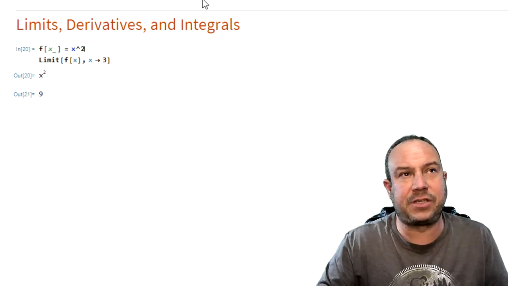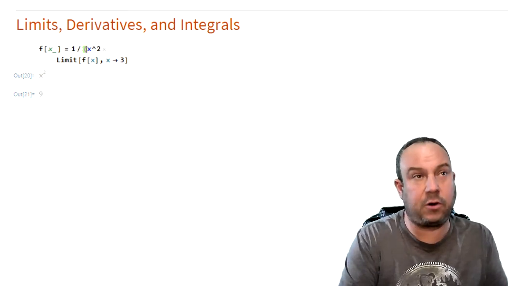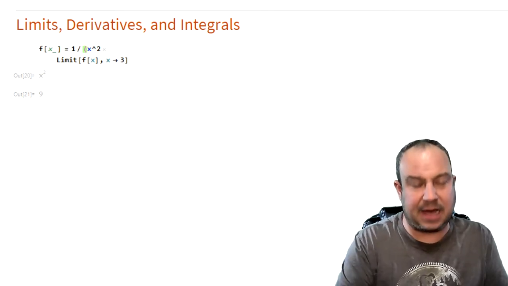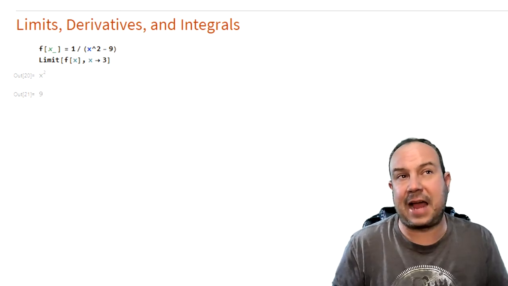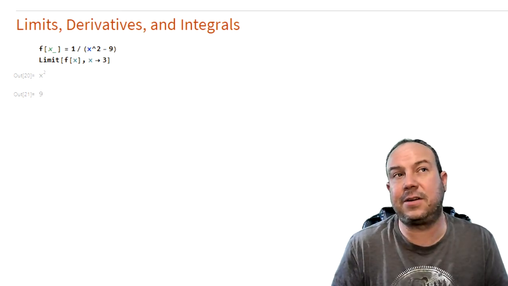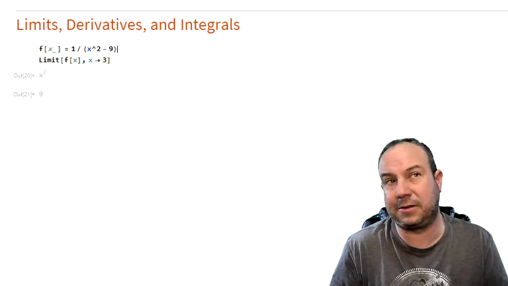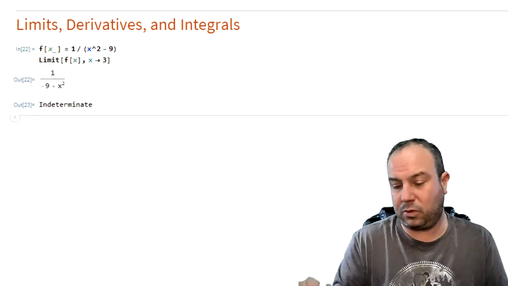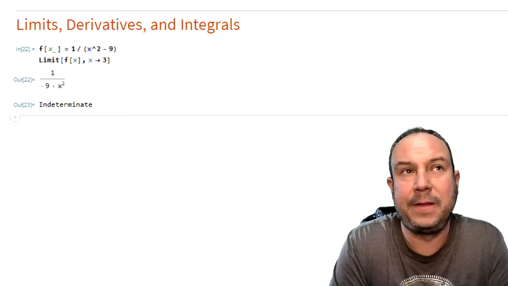If I was to change this up and look at maybe something like 1 over the quantity x squared minus 9, and I considered evaluating that limit as x approaches 3, what are we going to expect happens here? Well, what you might anticipate is you get an indeterminate form, right?